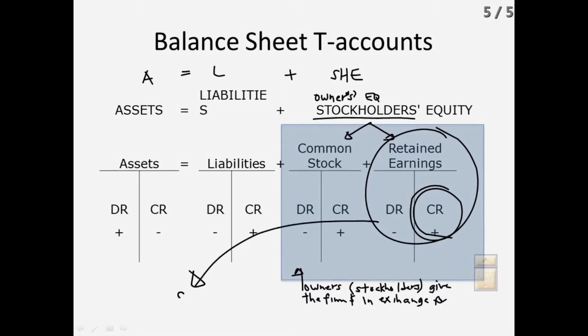Retained earnings is also called, some people will call it, earned capital. So this is what we call contributed capital, which is just what owners gave you to work with. And retained earnings is what you did with the money that you were given, and you generated profits above and beyond what you started out with.